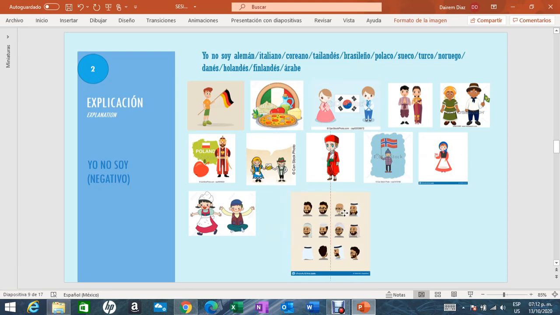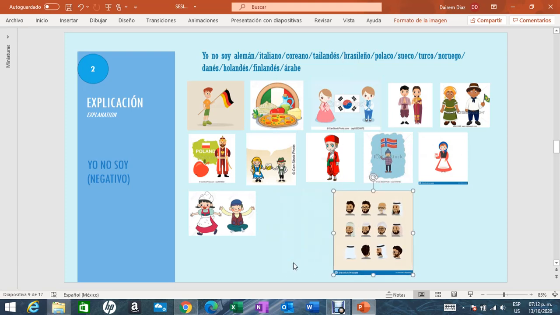Check it later. And then I am Arabic, from Arabic countries. Let me check here if I can get an image for finlandés.